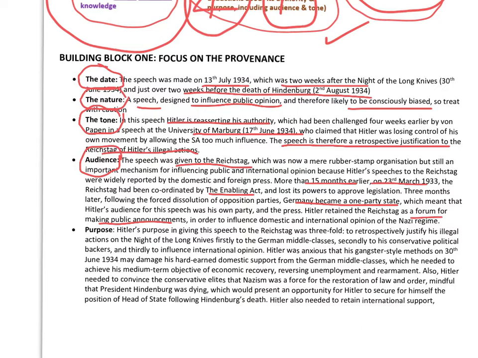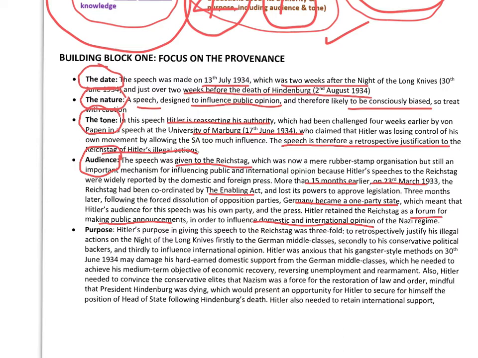And it was a key moment when Hitler spoke to the Reichstag, because the world's press and the German press would report what Hitler said. So the purpose of speaking to the Reichstag was very much with a mind to influencing domestic and international opinion about what Hitler wanted Germans and the rest of the world to think about Nazi Germany.